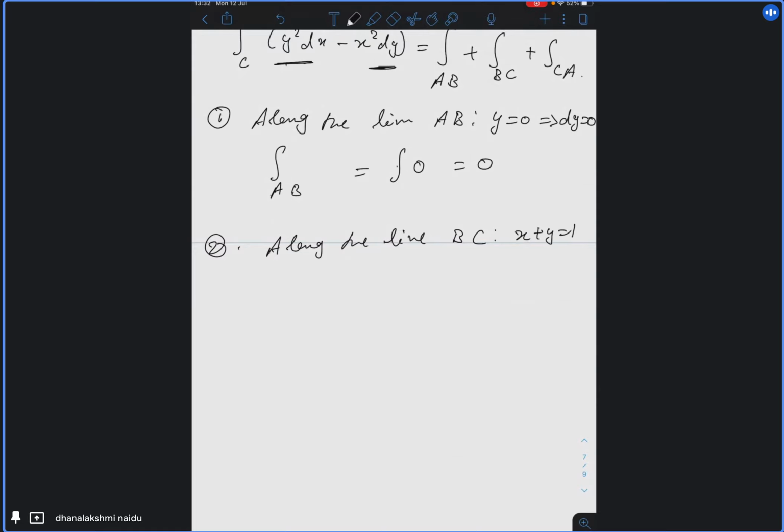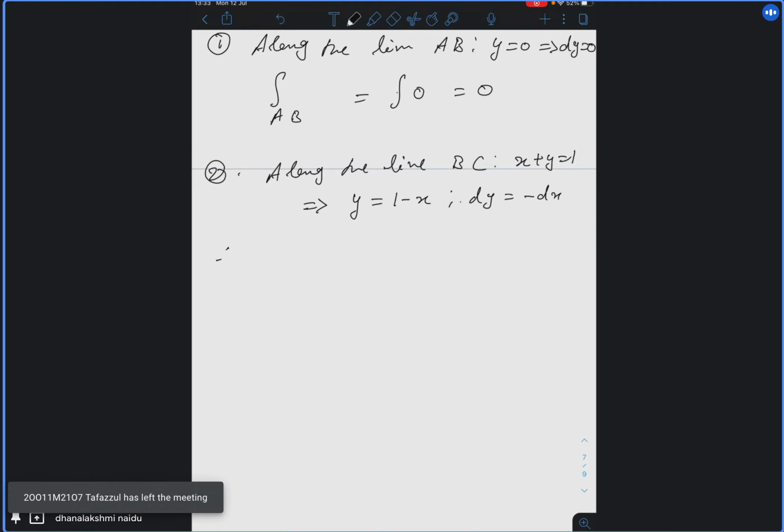So here we will convert the question into one variable. Y variable we will convert, or x variable, it's your wish. So from here you can write y is equal to 1 minus x, so that dy is equal to minus dx. Understood all of you? Yes, ma'am.